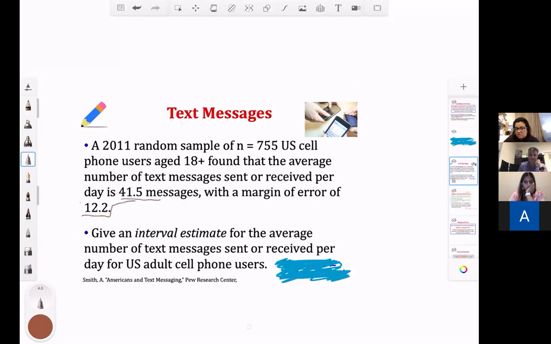We're going to learn how to calculate the margin of error, but right now they give it to us as 12.2. The question is, give an interval estimate for the average number of text messages sent or received per day for US adult cell phone users.